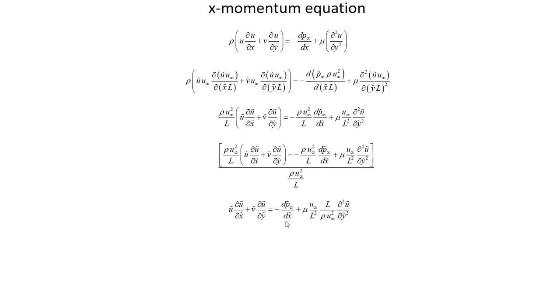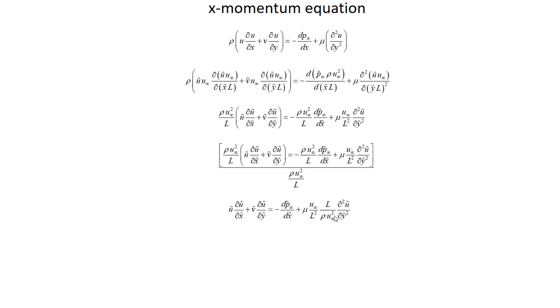Here's my dimensionless free stream pressure gradient. And then this last term is kind of interesting because whereas these terms all just ended up being written in terms of dimensionless parameters that I already have defined, this last term is the dimensionless second derivative of velocity, yes, but multiplying it is a new set of parameters.